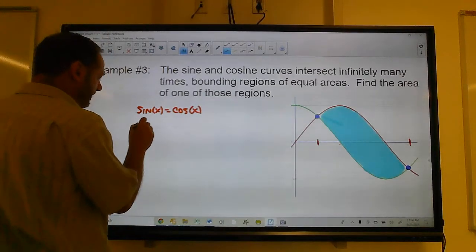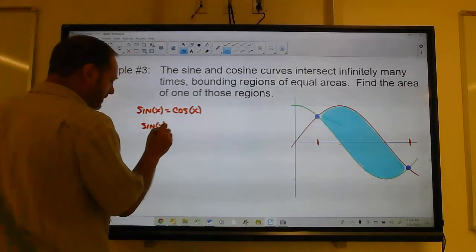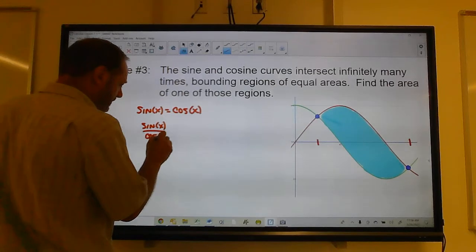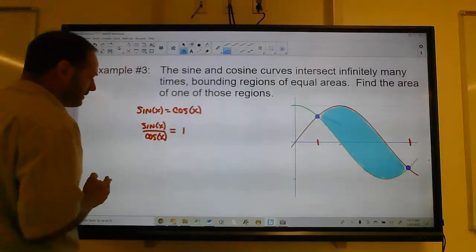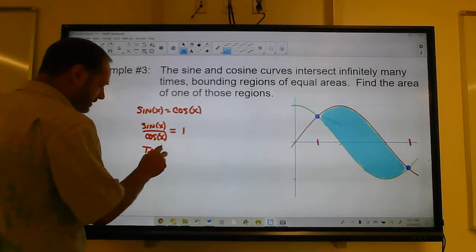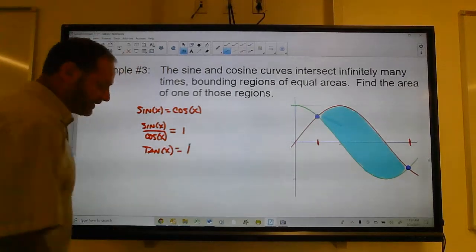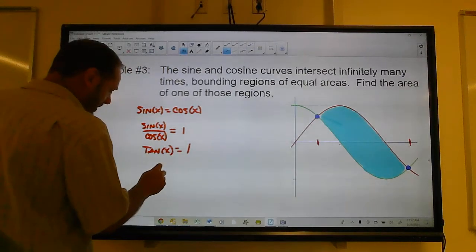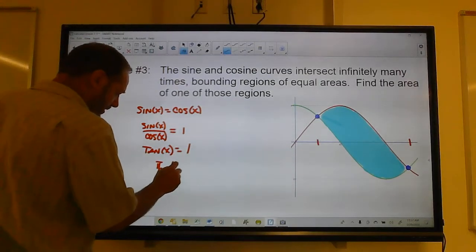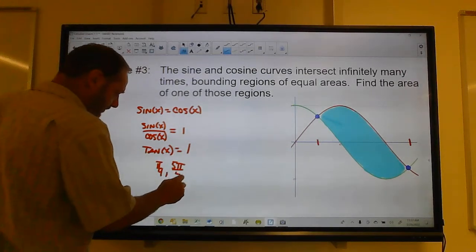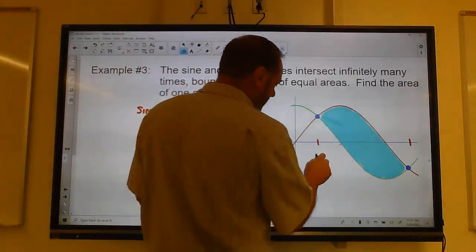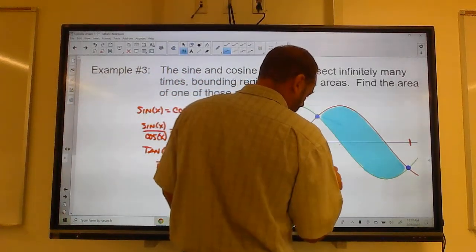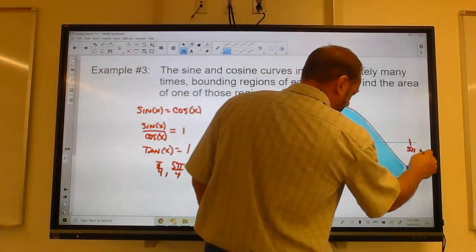If I divide both sides by cosine, I get sine x over cosine x would equal 1. So the tangent of x, when is the tangent of x equal to 1? And that's going to be at pi over 4 and 5 pi over 4. Okay, so this is going to be pi over 4 right here. This is going to be 5 pi over 4 right there.